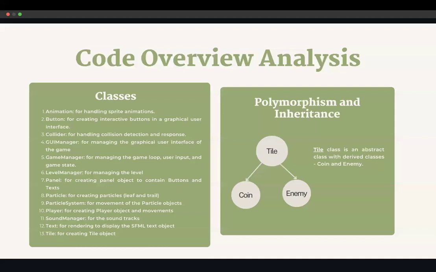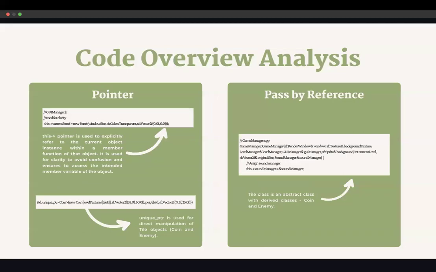For the coding overview, we have 13 classes, and we use theoretical knowledge like polymorphism and inheritance as necessary. We also use pointers and pass by reference, and this to explicitly refer to the current object.